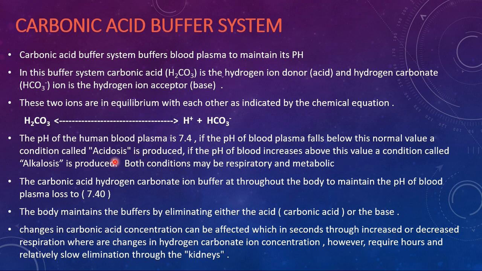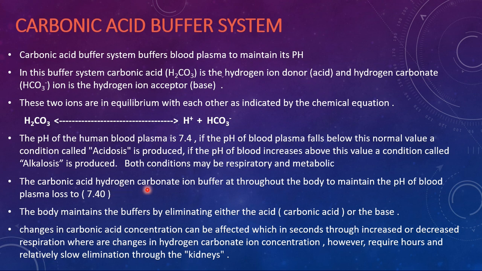A person will get sick or even die when these conditions become very severe. If the respiratory system is not working properly, he will die. If the metabolic system, mainly the kidneys, is not working, then also the patient will die, because of the pH maintenance capacity of these two systems.